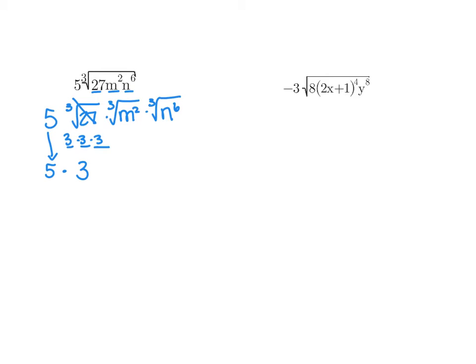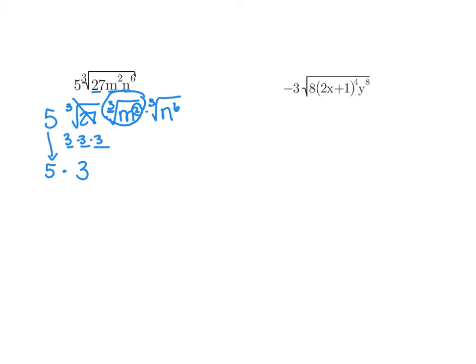Now, next factor, we have the cube root of m squared. Well, think about your groups again. If you have an m times m, can you make a group of 3 m's together? No, you can't. So it turns out that the m squared is going to stay underneath the radical. Okay? Anytime your index is larger than your exponent underneath the radical, you can't reduce that. So that's just going to stay as is.